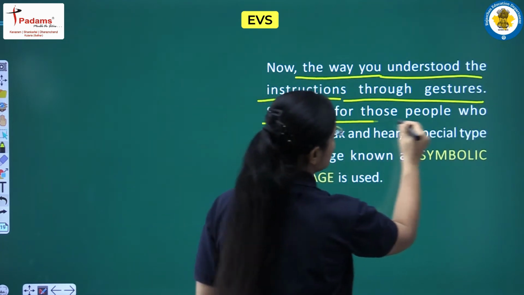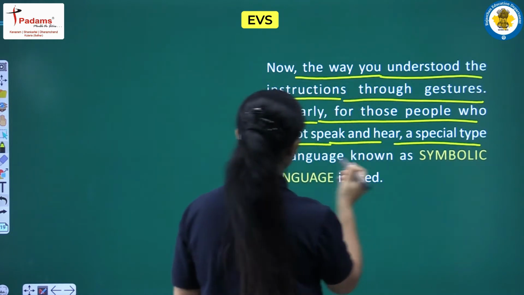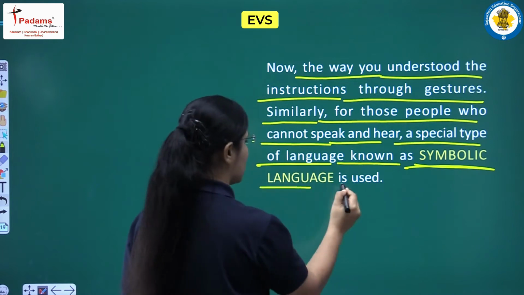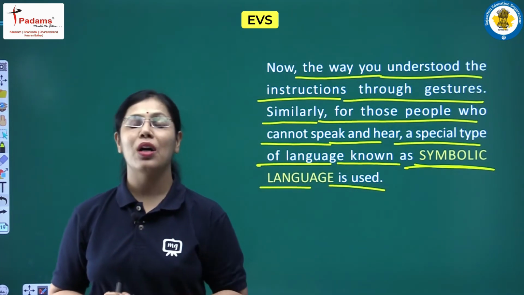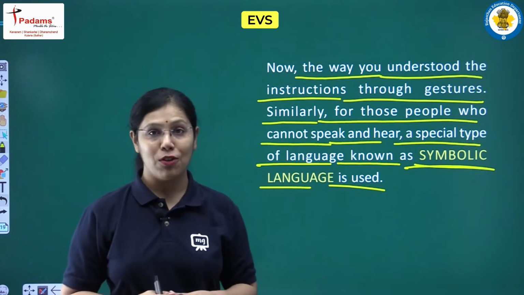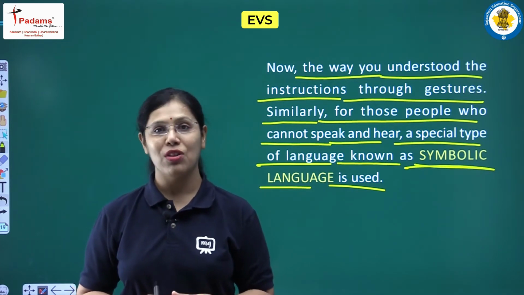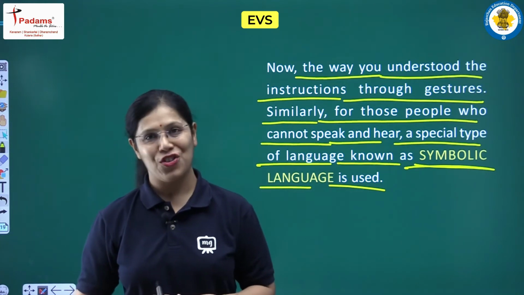Similarly, for those people who cannot speak and hear, a special type of language known as symbolic language is used. The people who are not able to speak and hear use this kind of language to communicate, and in this language they communicate through their gestures.